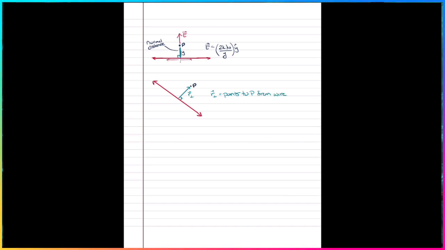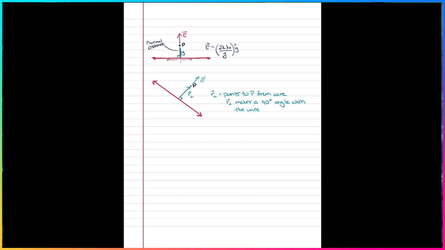but we need to make it non-ambiguous such that R perp makes a 90-degree angle with the wire. And again, that's just saying that it's perpendicular to the wire, and that happens to be the direction that the E field points as well.